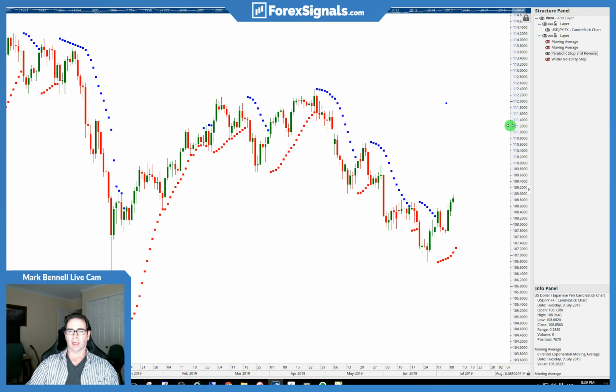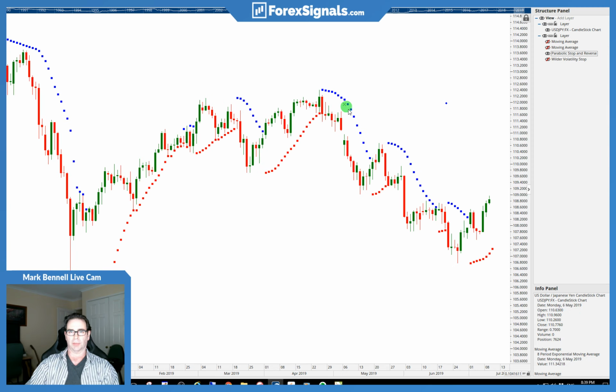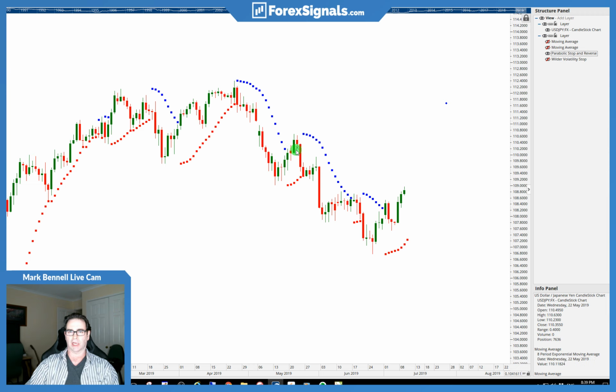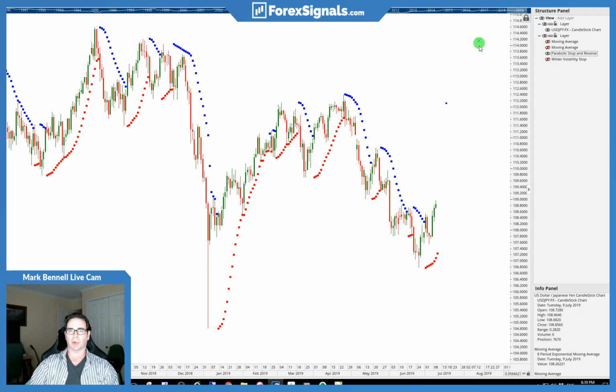Let me just widen that up a bit for us. So we can see here, in this area here, it actually got us out probably around about the same. But in a bit of a steadier trend, it actually got us out early here and even here. So the point of this was, now the thing with a parabolic SAR is it's like a parabola.